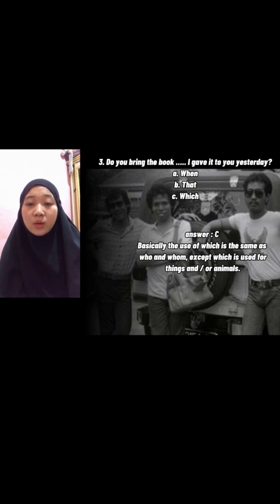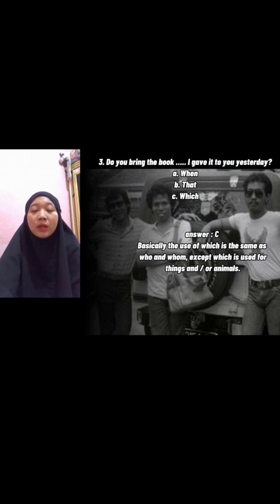The answer is C, which, because basically the use of which is the same as who and whom, except which is used for things and animals.